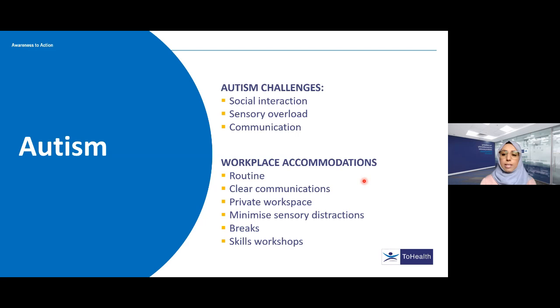Some of the workplace adjustments or accommodations that you can ask for, or if you're an employer, then something that you can accommodate for your employee, includes providing a structured routine, ensure that your communications are clear and not ambiguous so they can be understood and accessed by everyone.